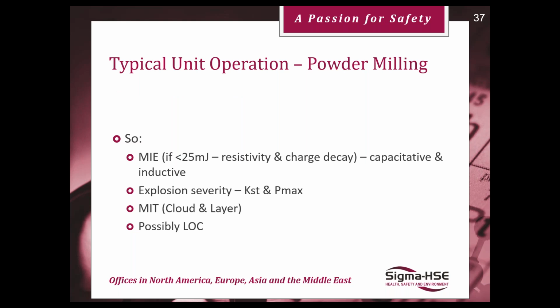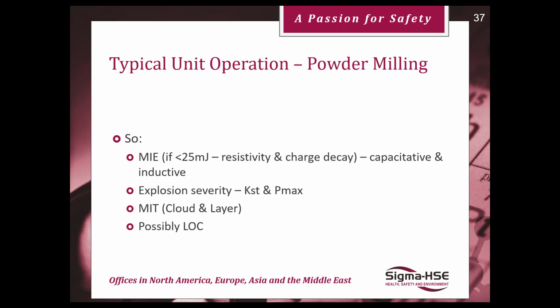For powder milling, of course, we've got high-speed moving hammers or knives within the mill that can generate heat. So MIT is important, and there could be layers sitting. There'll be a lot of heat and energy input to a milling operation, so the powders can get hot and could ignite.